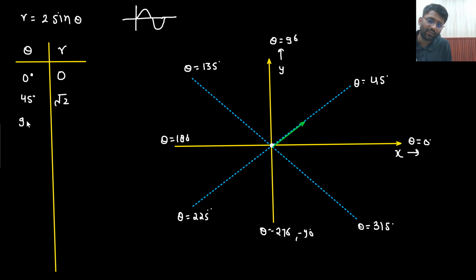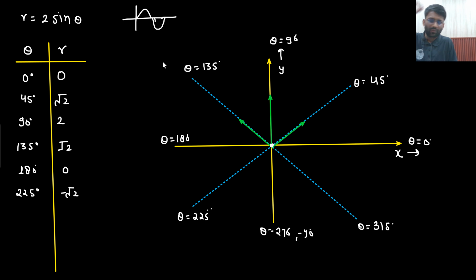When theta is 90 degrees, you need to move a distance of 2 from the origin. When theta is 135 degrees, you need to move a distance of root 2 from the origin. When theta is 180 degrees, the distance is 0. When theta is 225 degrees, you need to move a distance of minus root 2.